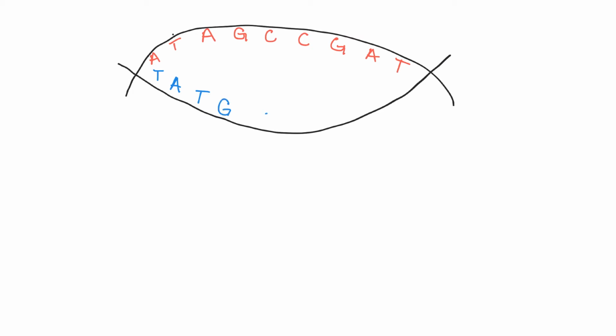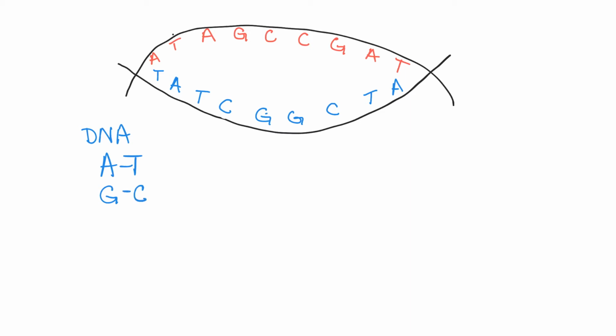These are called complementary base pairs, right? In DNA, A always pairs with T, and G always pairs with C.